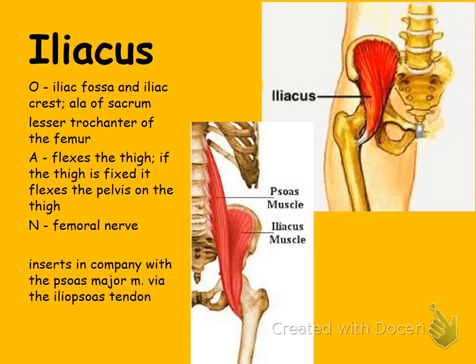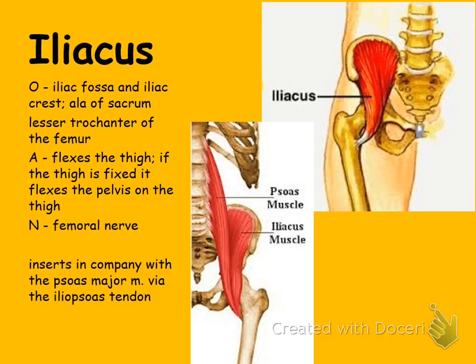So the iliacus comes from the iliac fossa, the body of the ilium that we talked about. And then it inserts on the lesser trochanter of the femur, the same spot that the psoas muscle attaches.